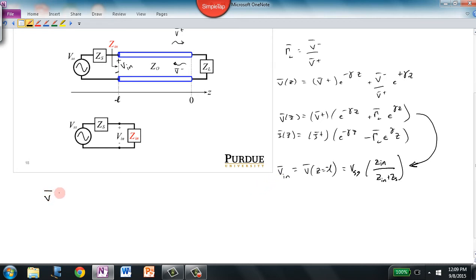V bar in is equal to V of z equals minus L, which is equal to, we just plug in minus L for the z's here, so that's V bar plus times e to the minus gamma times minus L, which is just plus gamma L, plus the reflection coefficient at the load times e to the gamma times minus L, which is just e to the minus gamma L. And that is going to be equal to the voltage divider.